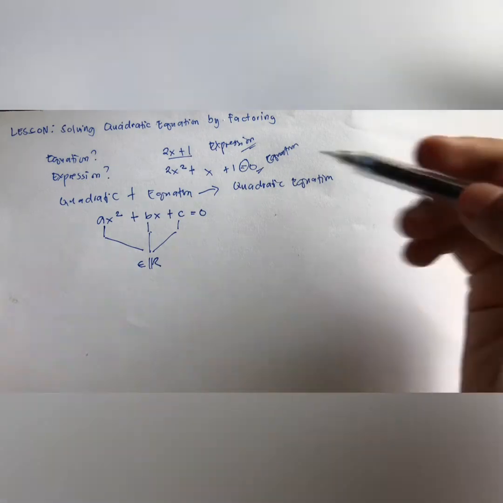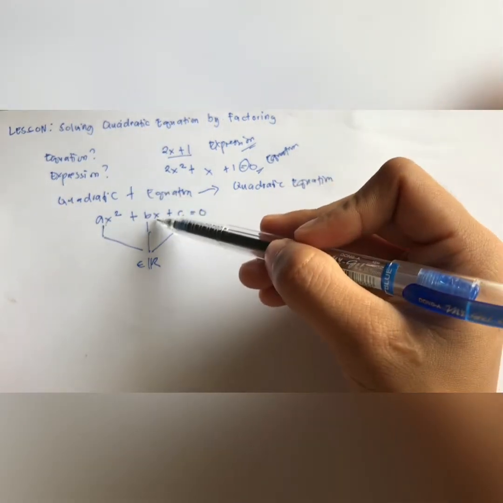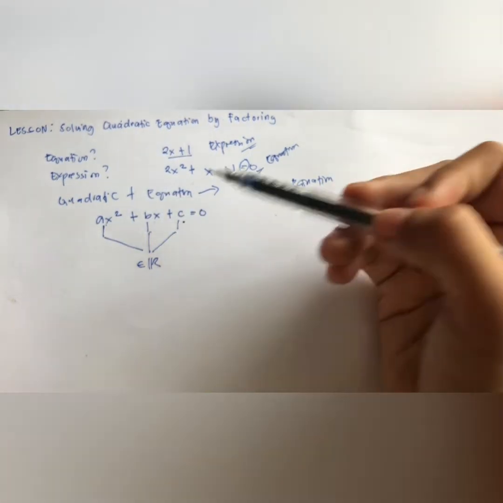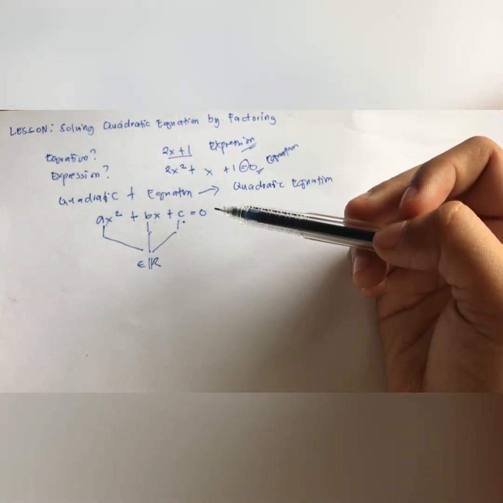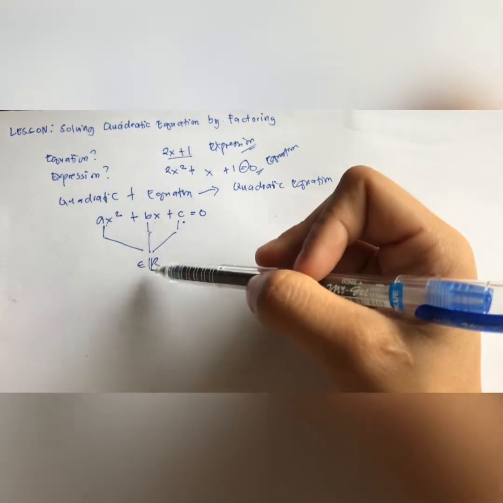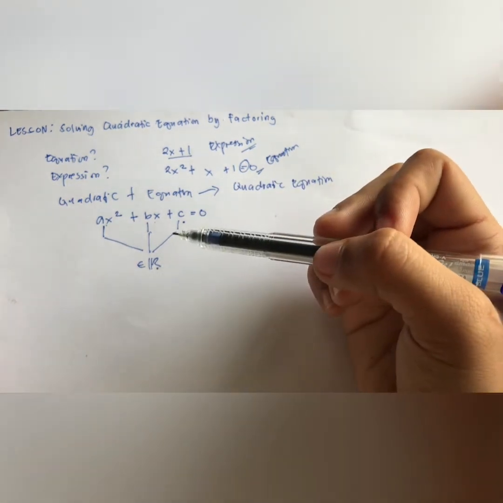That means the values of our a, b, and c could be fraction, it could be whole numbers, or it could be counting numbers since the domain is real numbers.